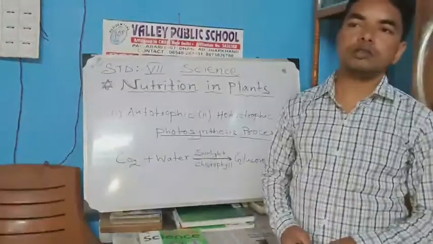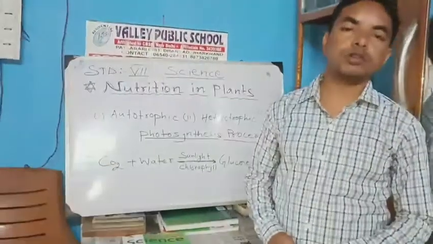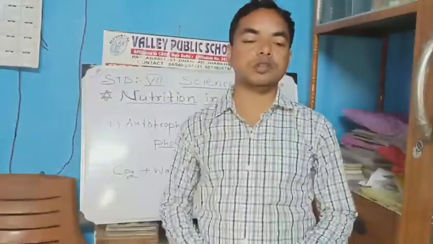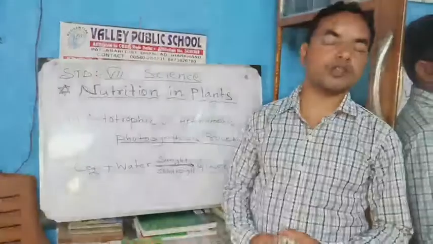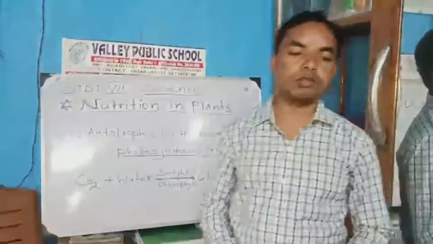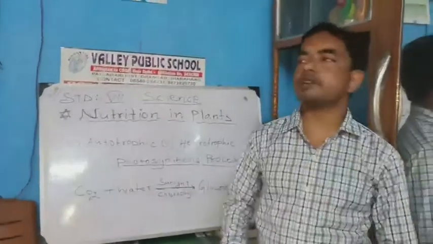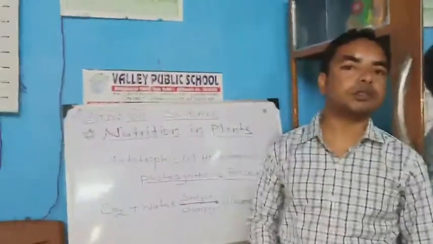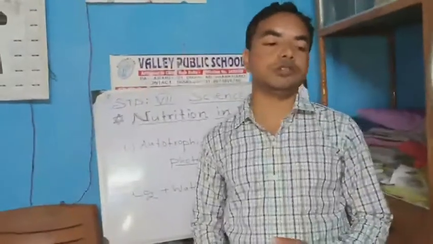There are some kinds of heterotrophs. Number 1, parasitic plants. A parasite is an organism that gets its nutrition from other living organisms.